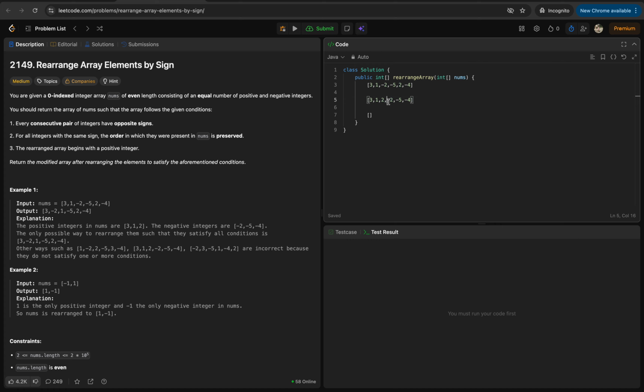What if there are more numbers like 7, here -2 -11, make it 1 2, for simplicity 3 4, and these are 5 6 7 8. So we need 1, next we need -5, and then we need 2.